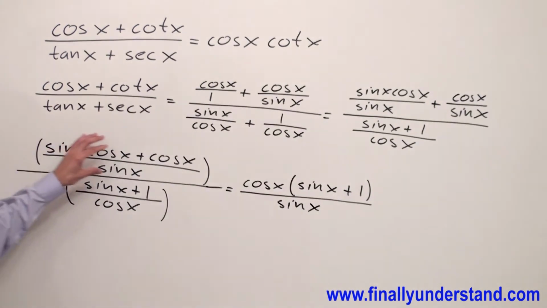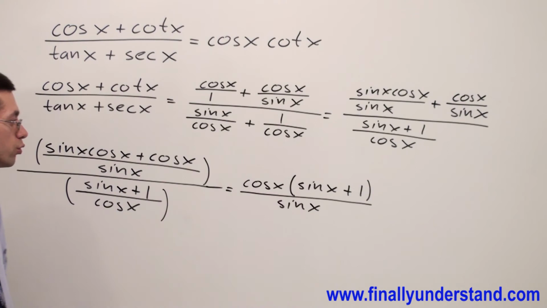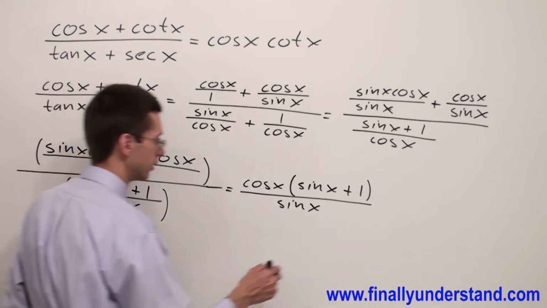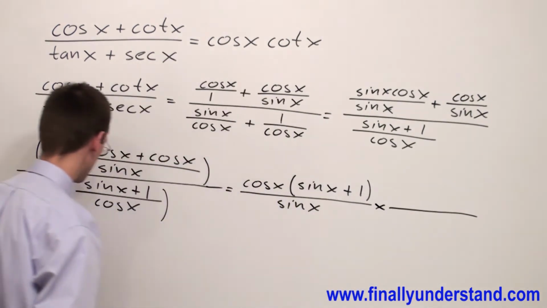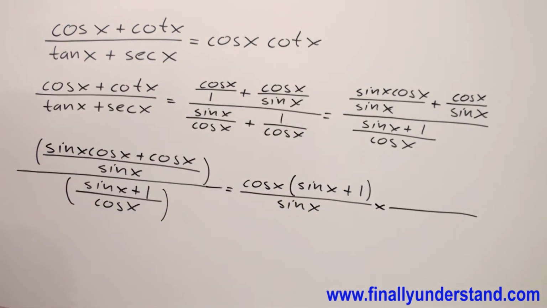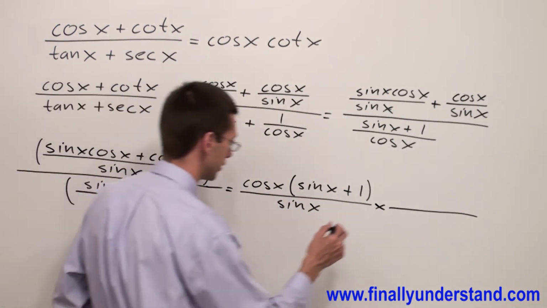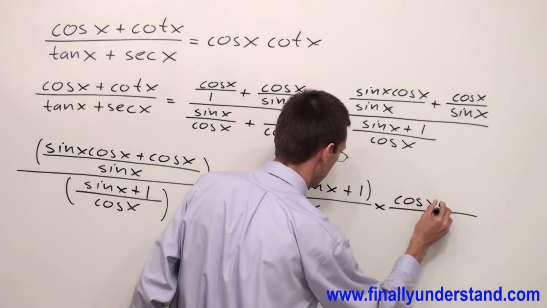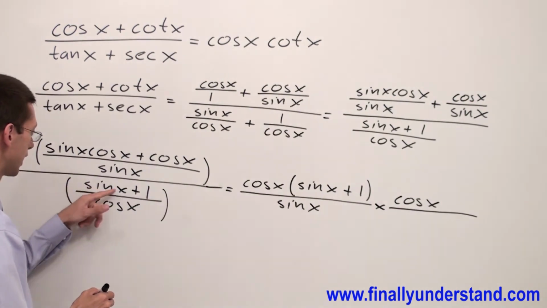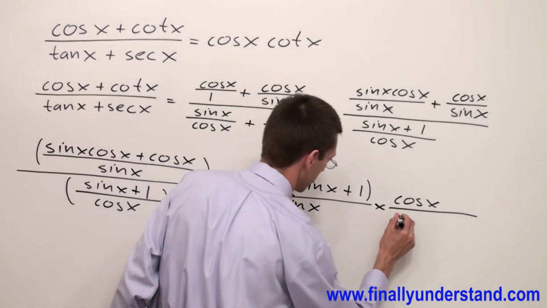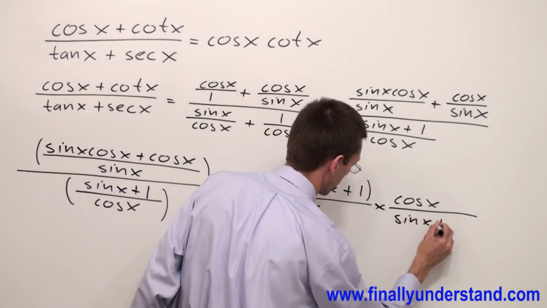This is my numerator. We said division, we're supposed to change to multiplication. That's why I'm going to multiply, and I'm going to have the reciprocal of this fraction. That's why I'm going to have cosine x, and in the denominator I'm going to have sine x plus 1.